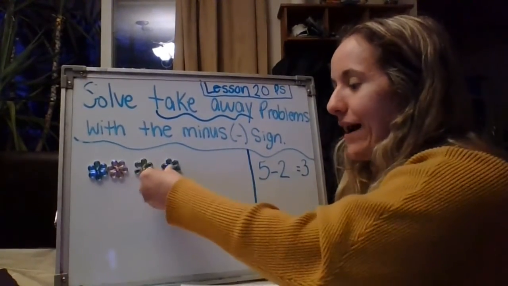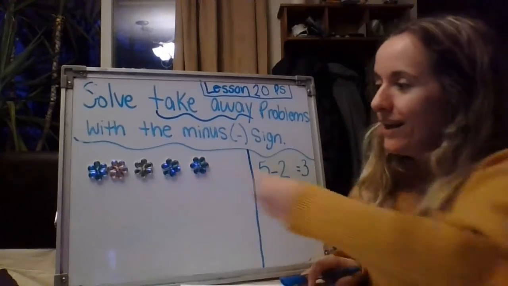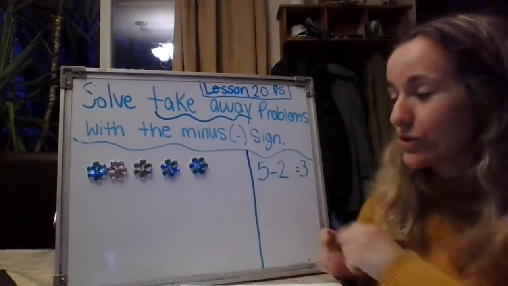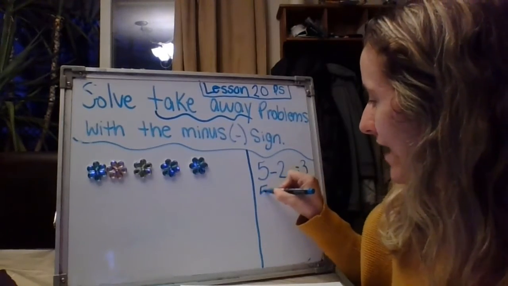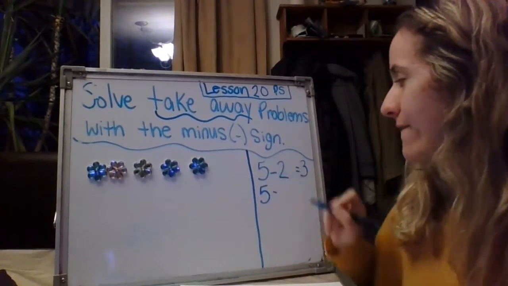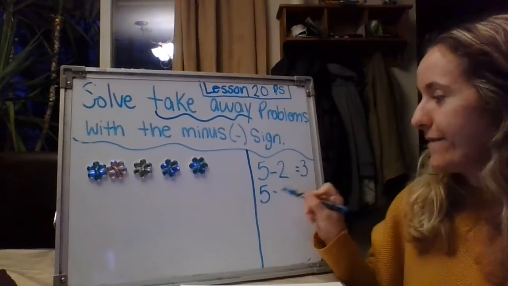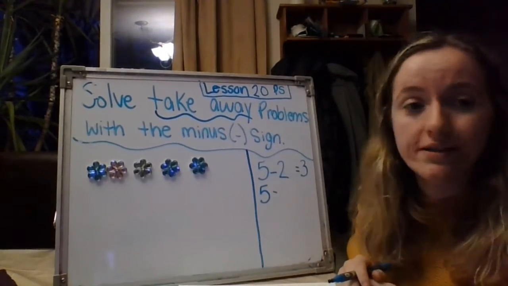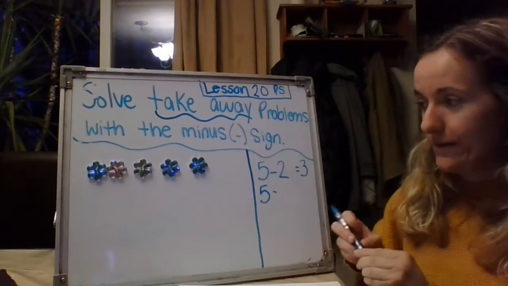I'm going to put up my 5 flowers again. I know my total is 5, so I'm going to put 5 right back there like I did in my first problem. I have 5 minus take away. I am going to take 4 flowers away this time.